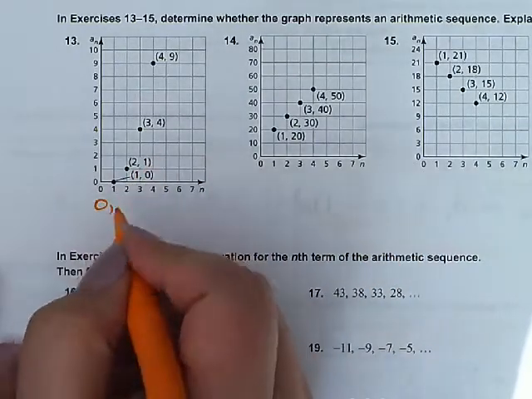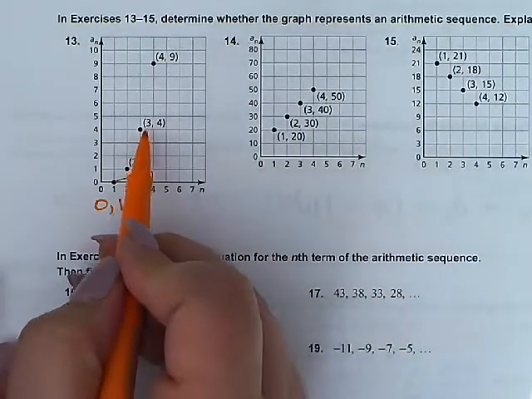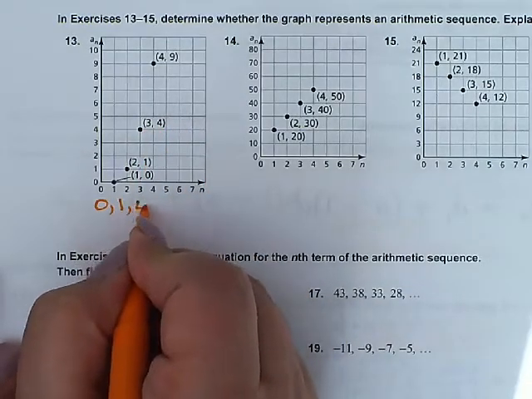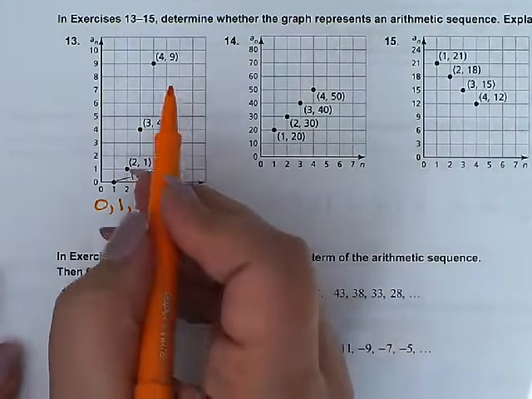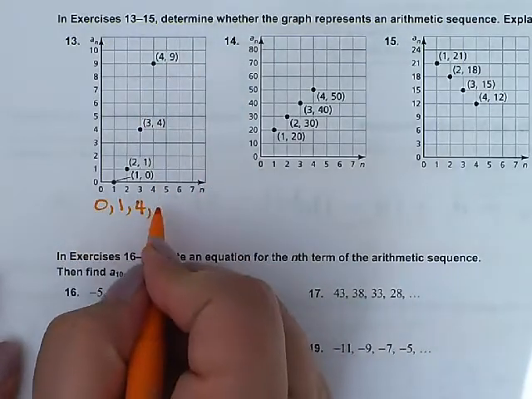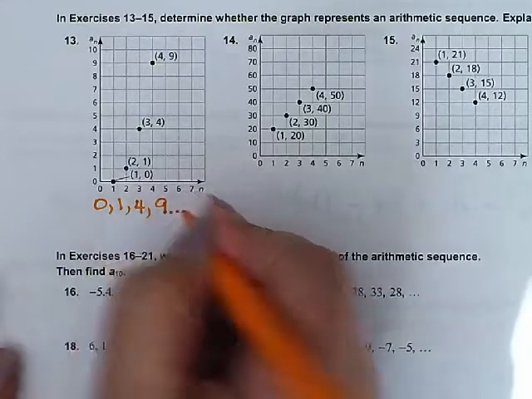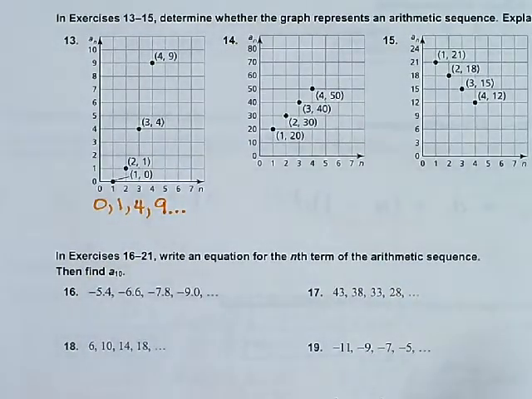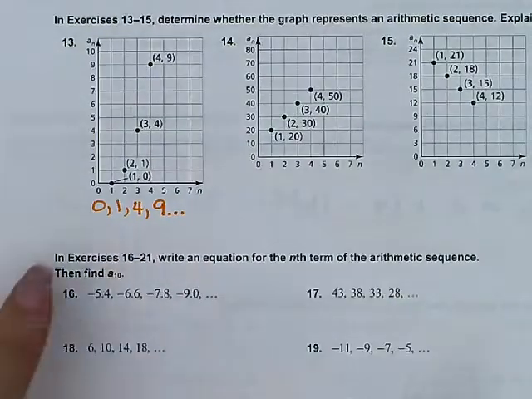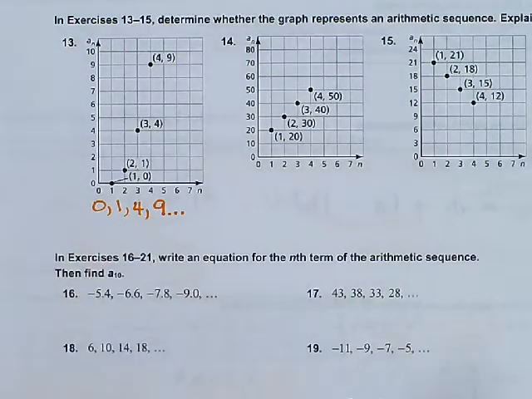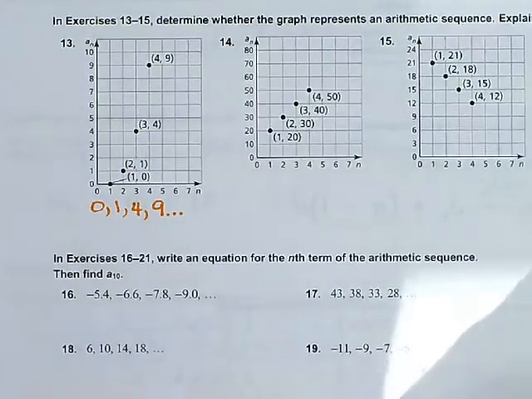So the second term in the sequence is 1. That the third term is 4. So the third term is a 4, and that the fourth term is a 9, okay? So if you want to write it like that, feel free to do that. It's the same information. The first term was 0, the second term was 1, the third term was 4, and the fourth term was 9. That's the sequence that graph represents.